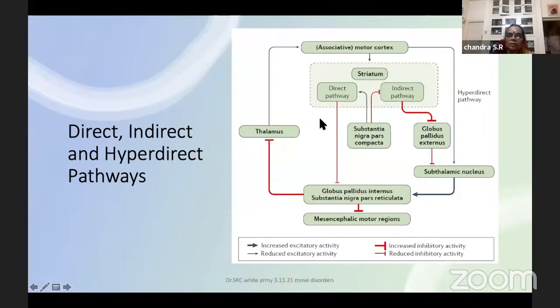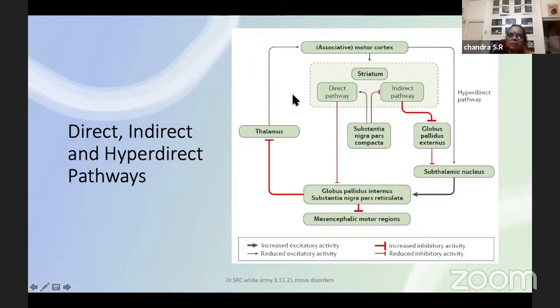What is the indirect pathway? Cortico, striato, pallido, thalamo, cortical. Here the pallidum is externa, then comes the subthalamic nucleus, then interna, pallidothalamo-cortical.